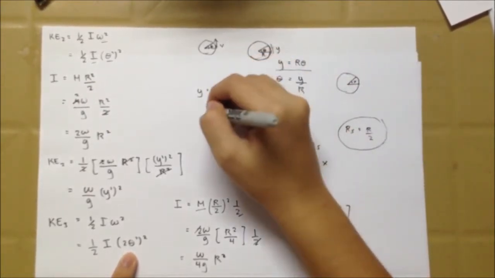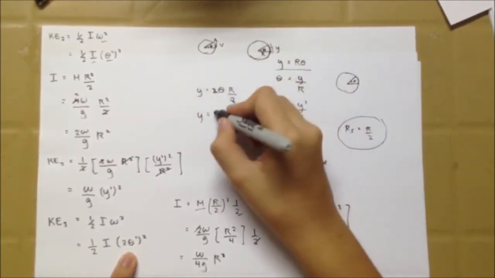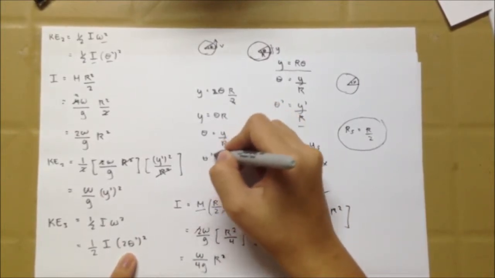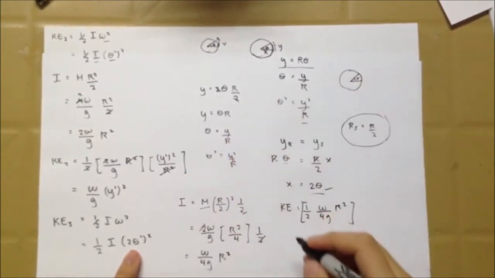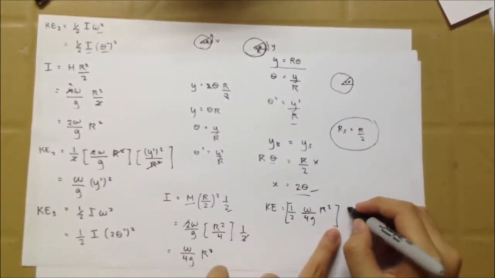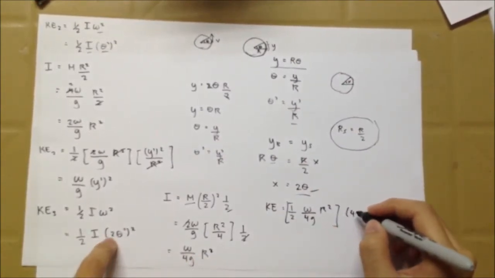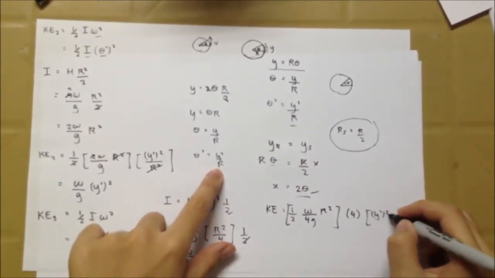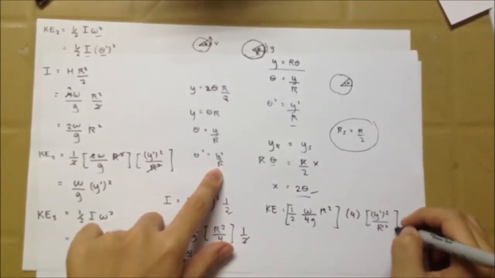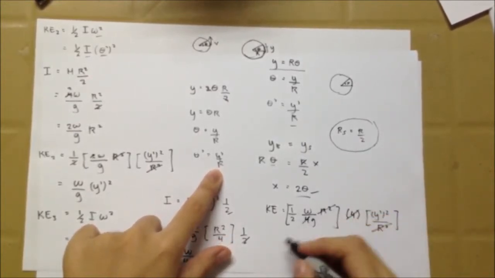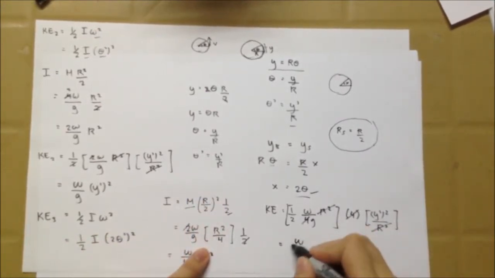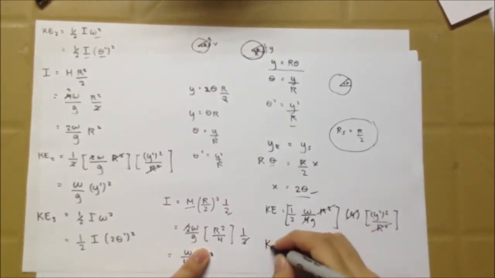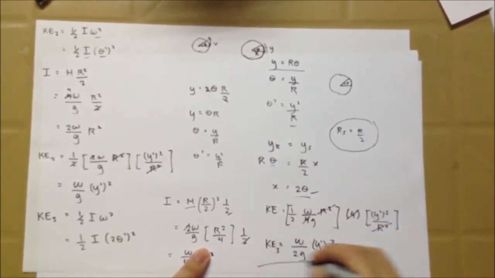So cancelling 2, I am still left with the same relation of y, which is theta times r. So theta is equal to y over r, and theta prime is y prime over r. Substituting it here, I'll have 4 times y prime squared over r squared. Canceling r squared and canceling 4, I am left with w over 2g times y prime squared. This is the kinetic energy associated with my smaller pulley.